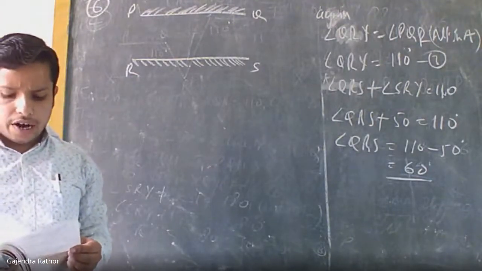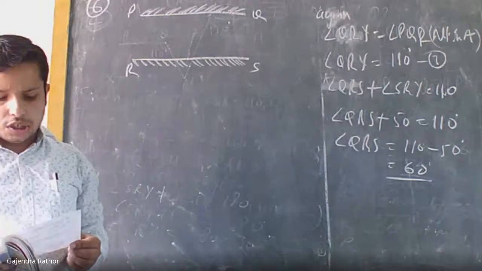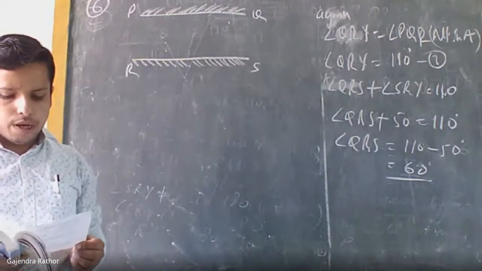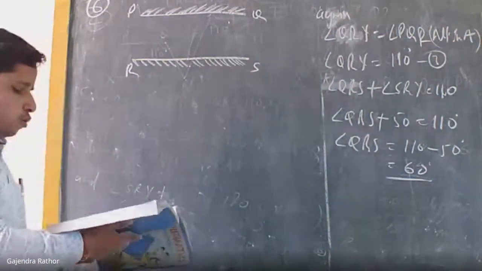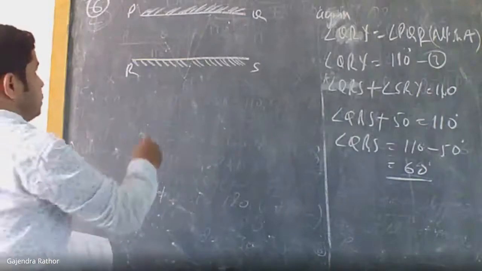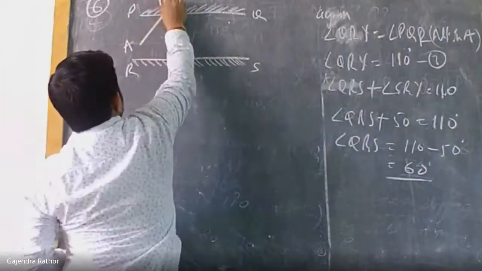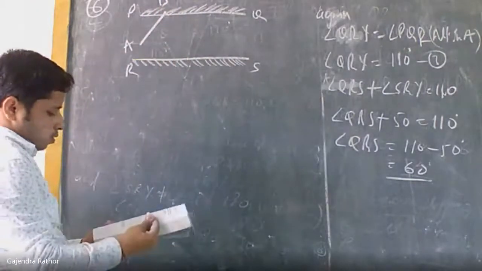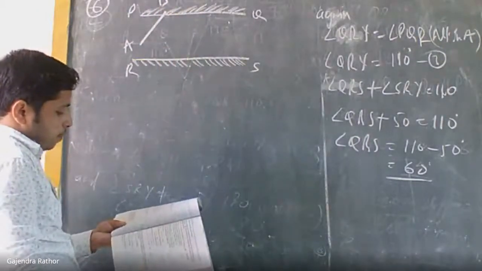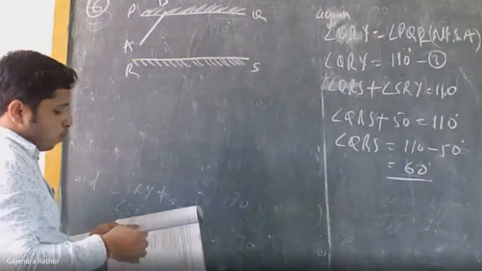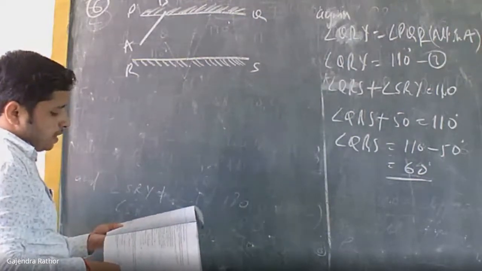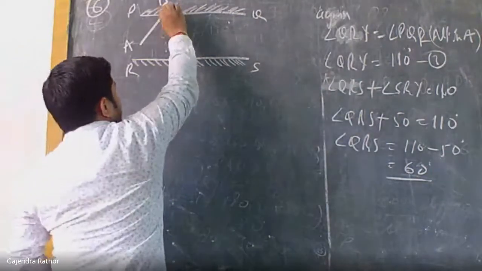An incident ray AB strikes the mirror PQ at B. So one ray AB strikes mirror PQ at B. The reflected ray moves along the path BC. So the ray is reflected.